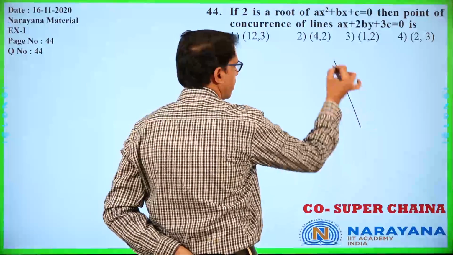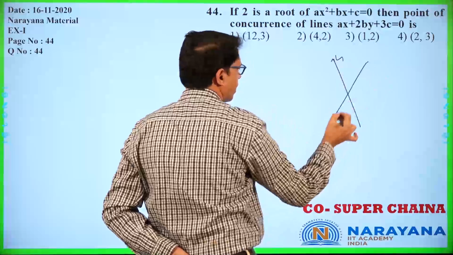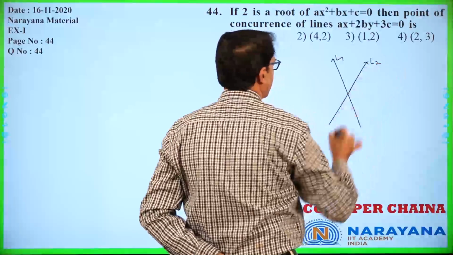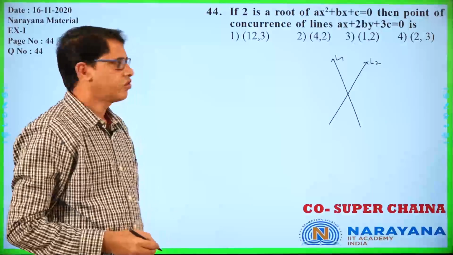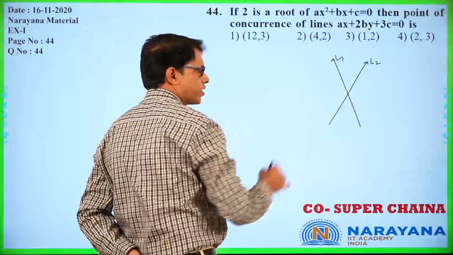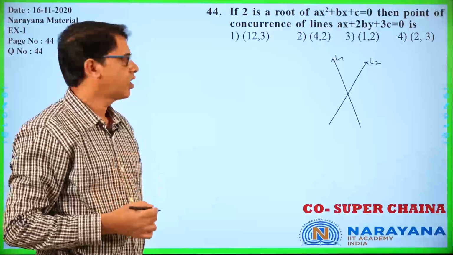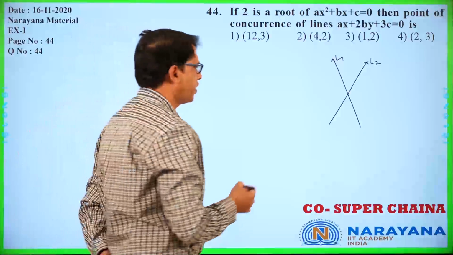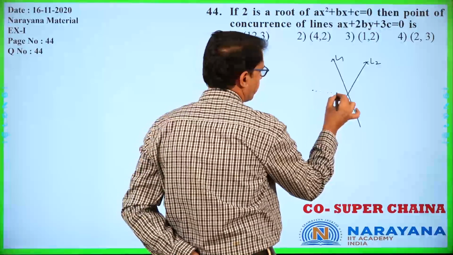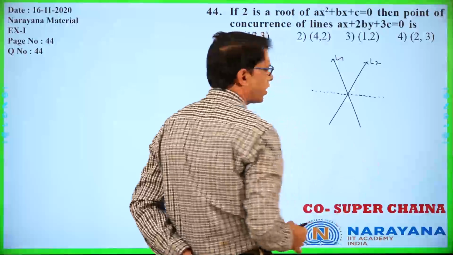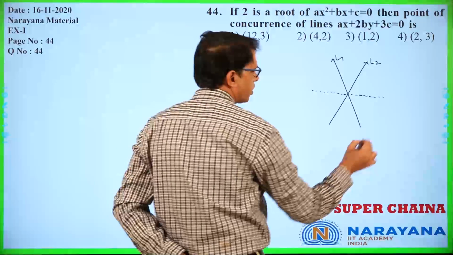Consider a line L1, consider another line L2. Now this is the point of intersection. Any line passing through the point of intersection of L1 and L2 is given by what?